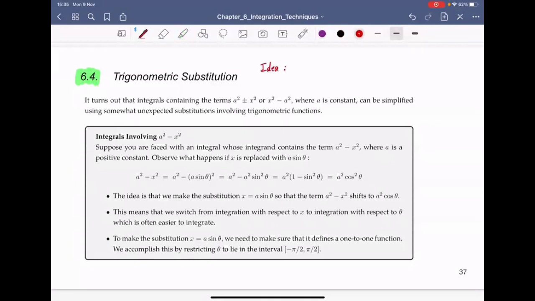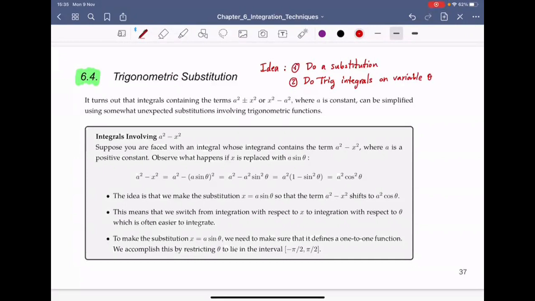The idea is you're gonna do a substitution. Once you do a substitution, you're gonna do integration, I would say trigonometric integration, on variable theta.